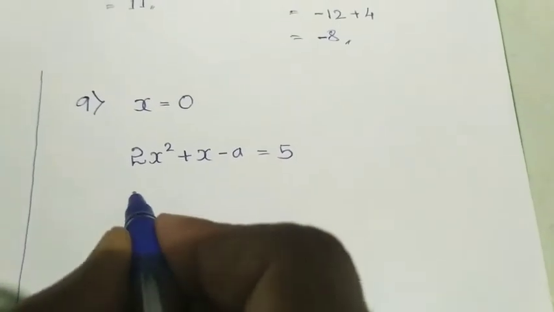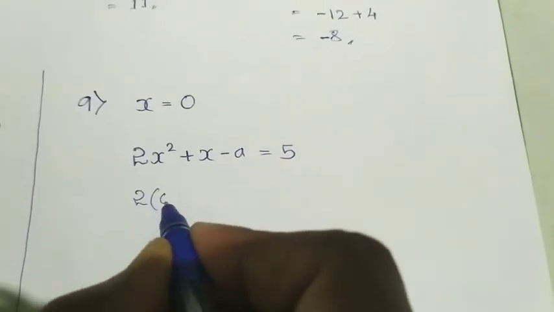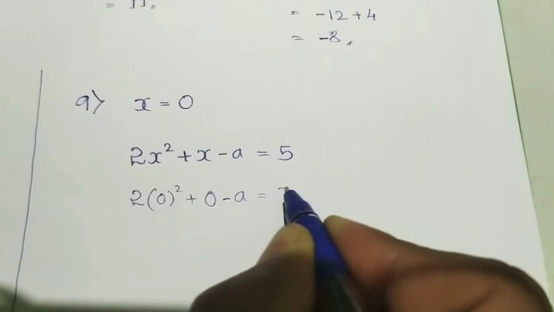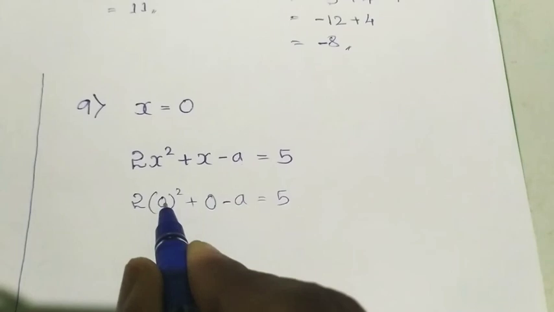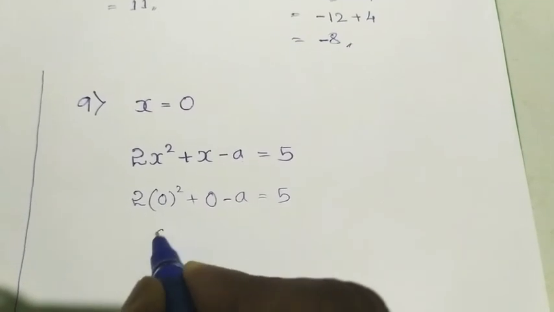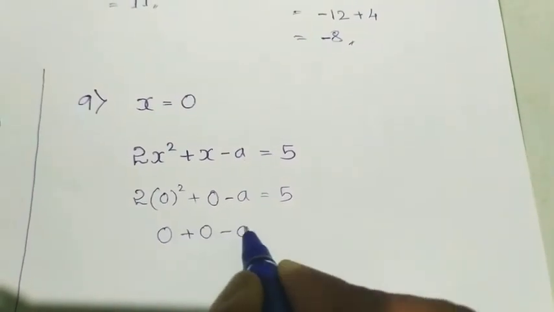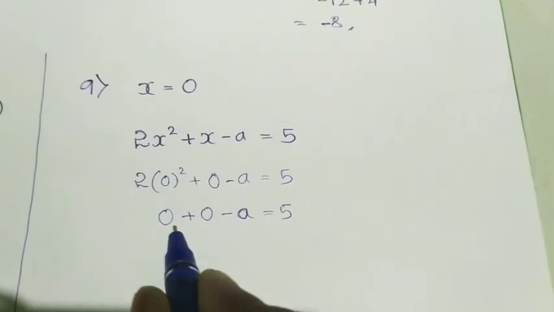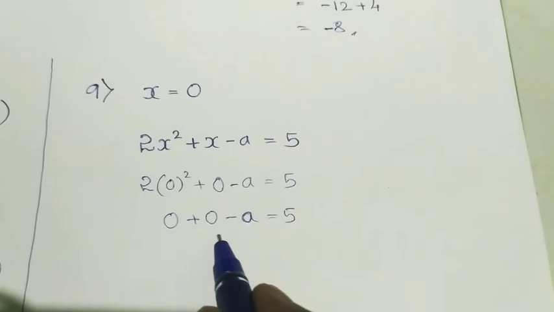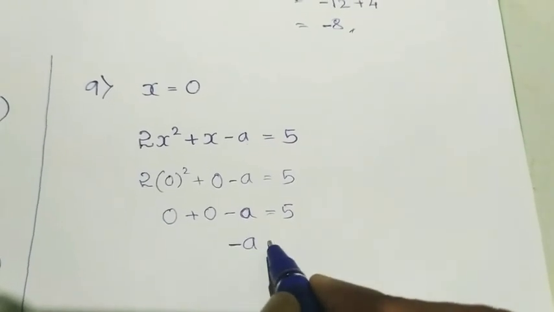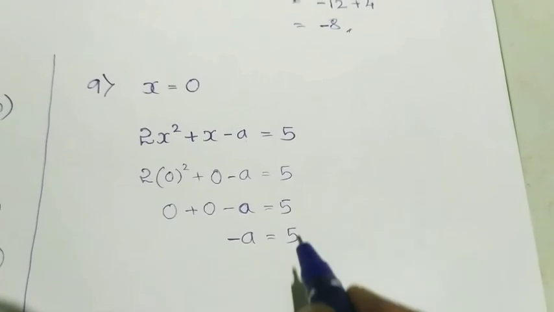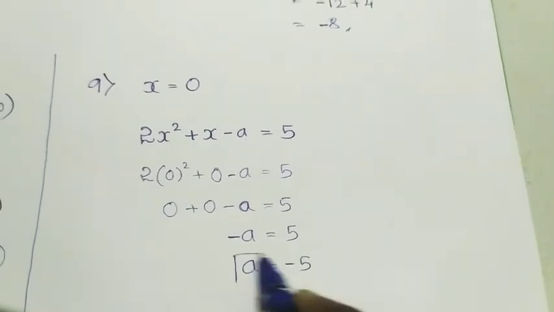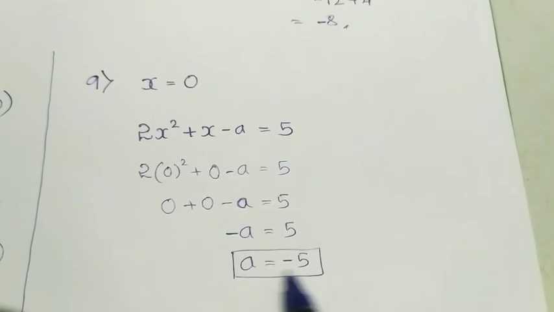Substitute the x value: 2 into 0 square plus 0 minus a equal to 5. 0 square will be 0, 0 into 2 is 0, plus 0 minus a equal to 5. So simple, 0 has no value, so what is left? Minus a is left, that is minus a equal to 5, where a equal to minus 5. So this is our final answer, a equal to minus 5.